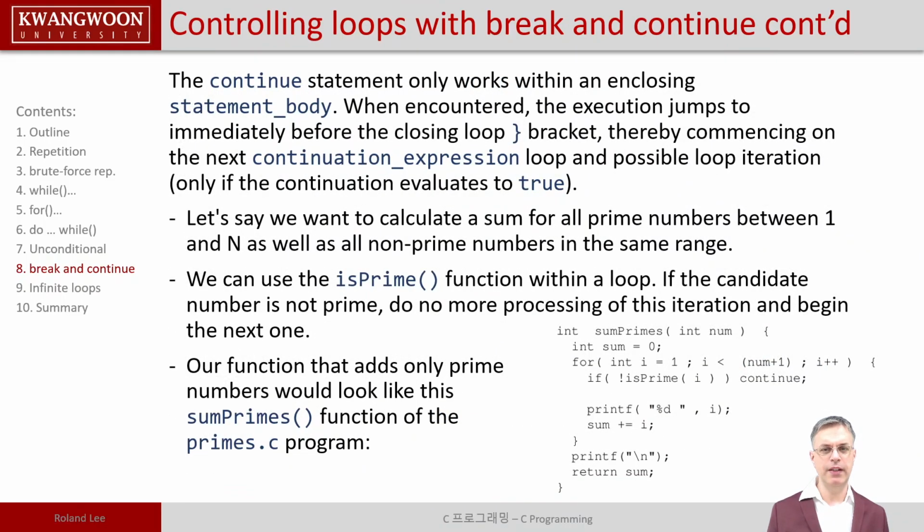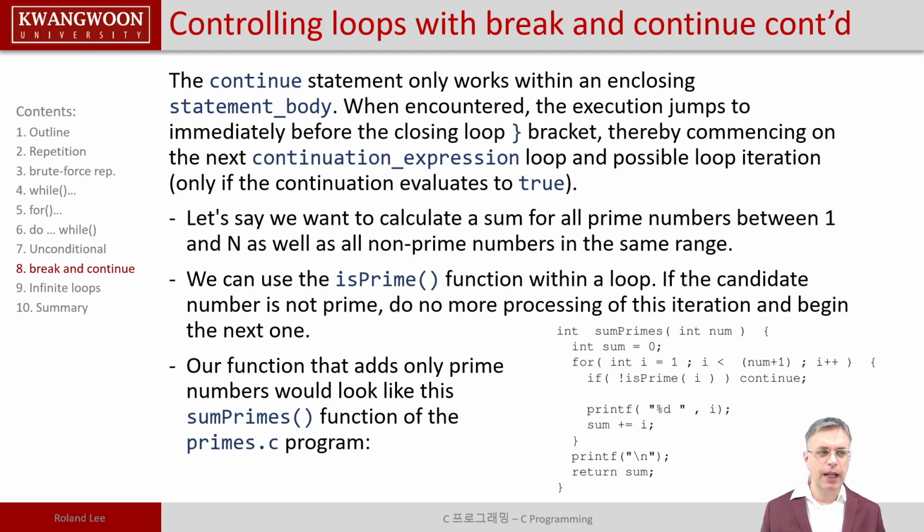And then the continue statement only works within an enclosing statement body. When encountered, the execution jumps to immediately before the closing curved bracket, thereby commencing on the next continuation expression loop and possible loop iteration, only if the continuation evaluates to true.